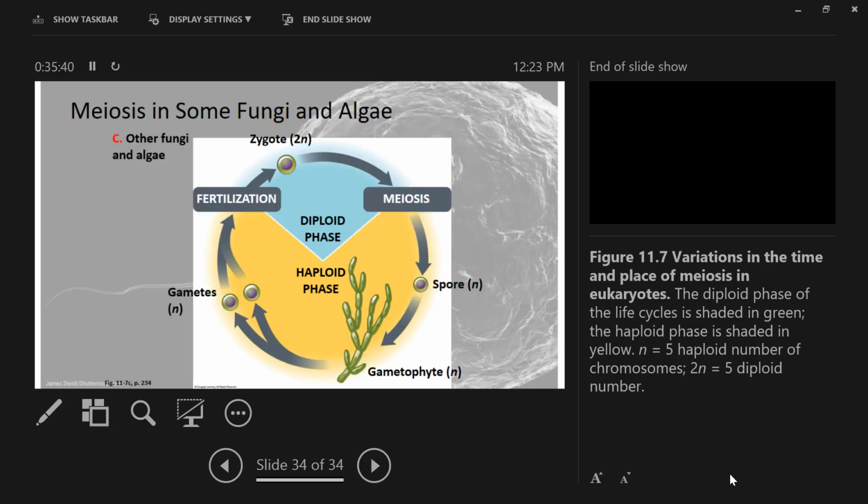And then here's some fungi and algae. So we've got a fertilization taking place. In this case, the fertilization is by two haploid cells forming a 2N cell that will immediately go through meiosis because the actual multicellular organism is always haploid. But in some of these, the multicellular organism is diploid, and so your zygote will actually be tetraploid, and then will go through meiosis to form a diploid stage.